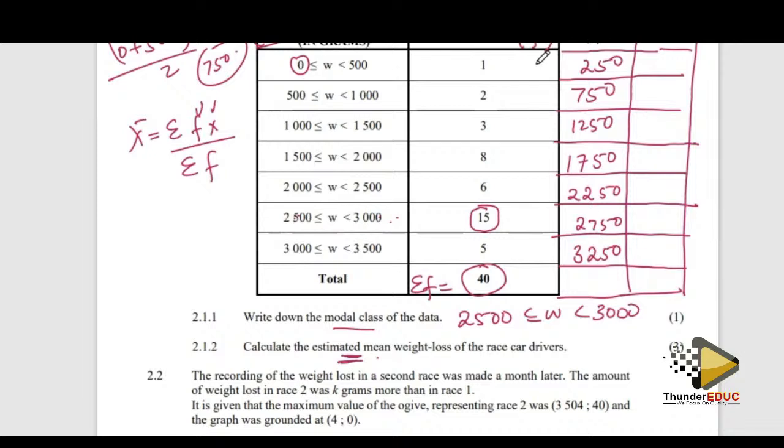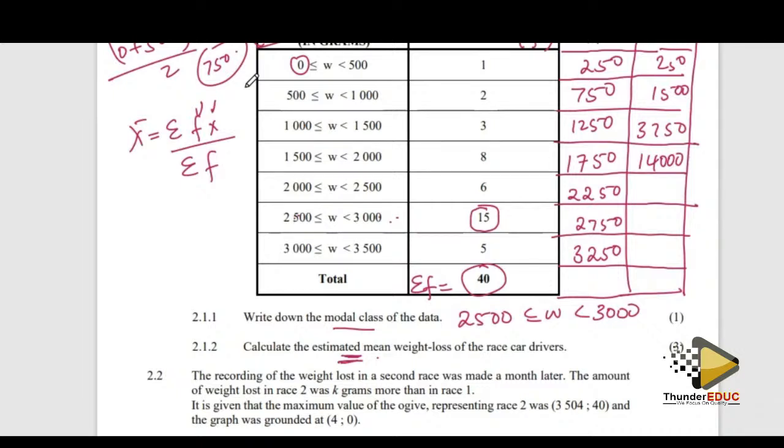And then if we multiply the 250 by the 1, we shall get a 250. 750 by 2, we shall get a 1.5. And then 1,250 times 3, we shall get that 750. And then 1,750 times 8, we're getting 14,000. And then 2,250.